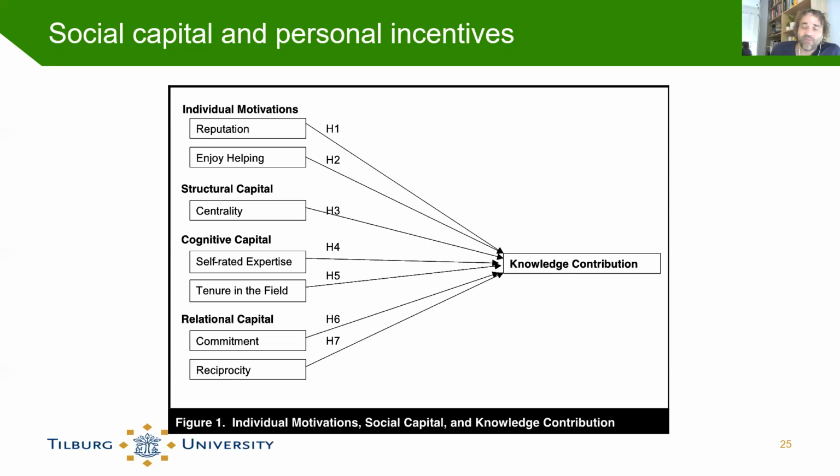But if you have all three forms of social capital, that works best. And that's pretty obvious, of course. So if a fellow student that you know asks you a question, you can answer that question. But if you don't like that student, you are way less inclined to help out than if you do like your fellow students.